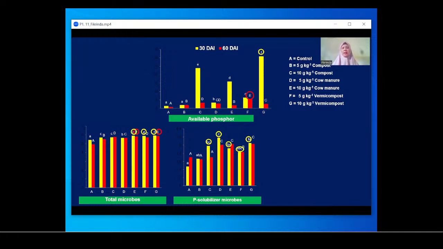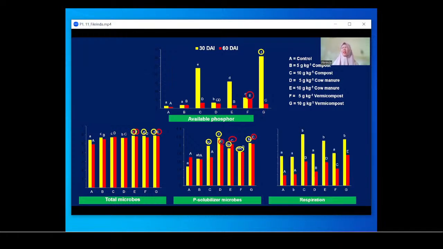But at 60 days after incubation, three treatments had a similar effect giving the best result for phosphate solubilizer microbes, i.e. 5 gram per kilogram co-manure and 5 and 10 gram per kilogram vermicompost.